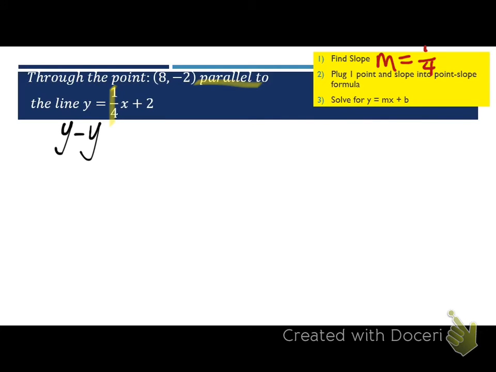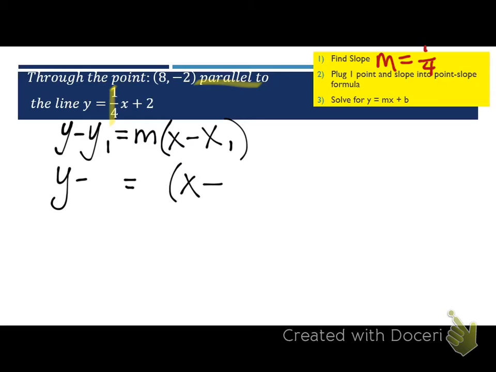From here, we're going to use the point slope formula. So y minus y1 equals m times x minus x1. So y minus, I'm going to put a blank, equals blank times x minus, and then another blank. I'm going to plug in the point they gave me.